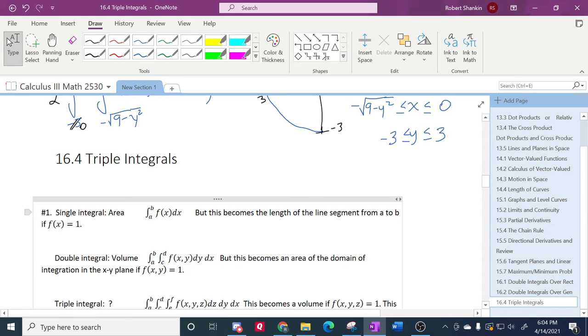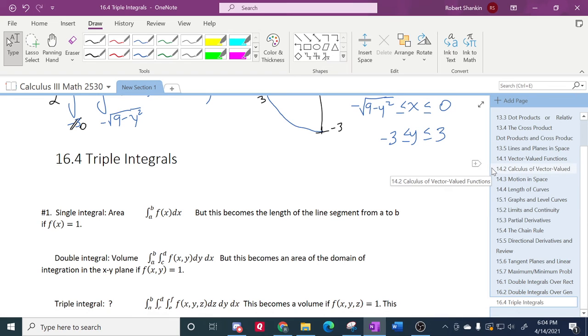For a single integral, the geometrical interpretation is the integral from a to b of f of x dx is the area under a curve. And we're familiar with that. The picture that corresponds with that is this kind of picture, and we're getting that area.